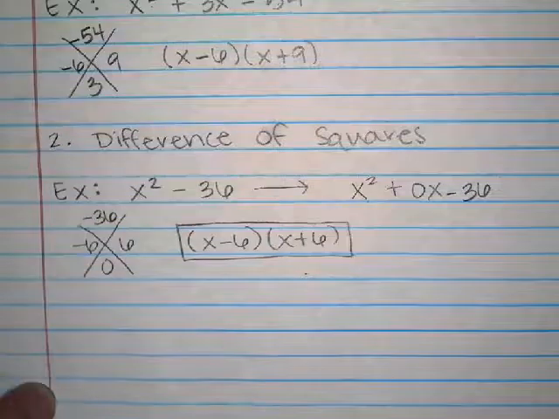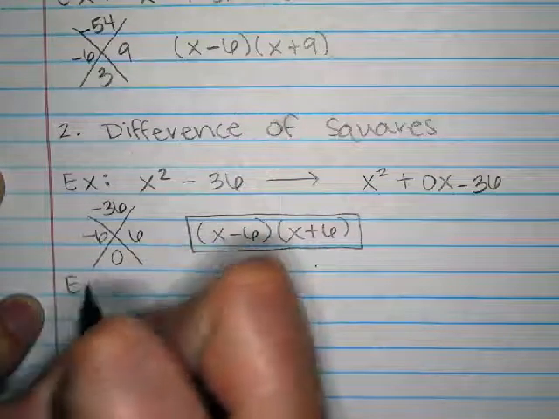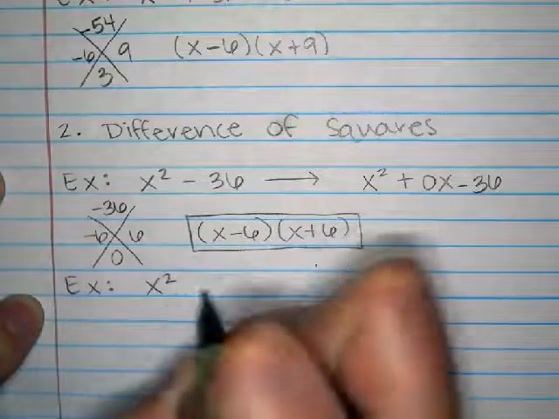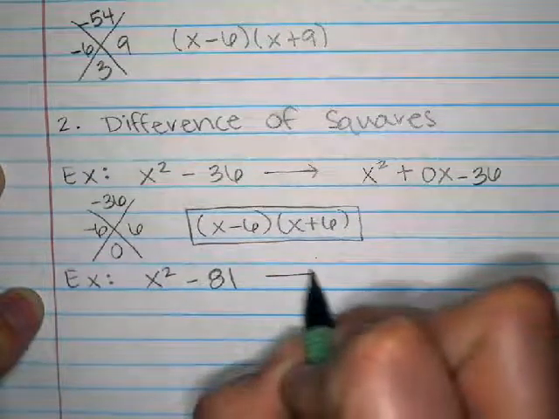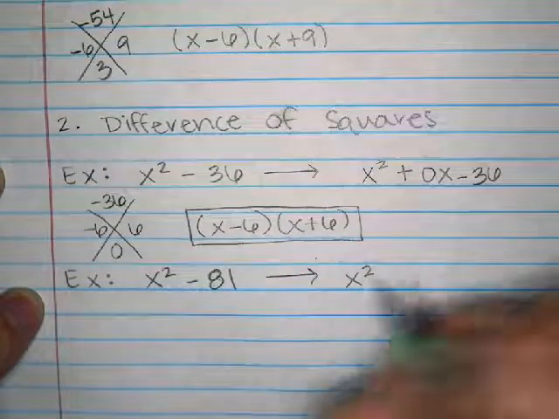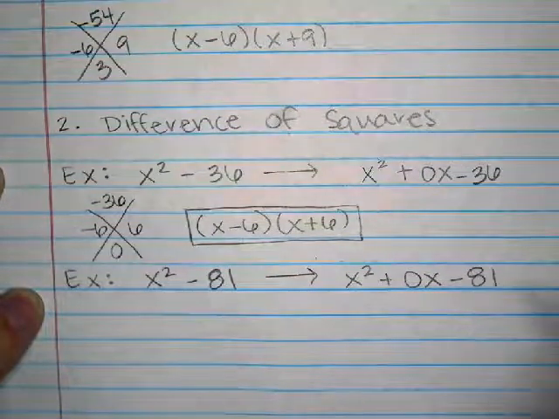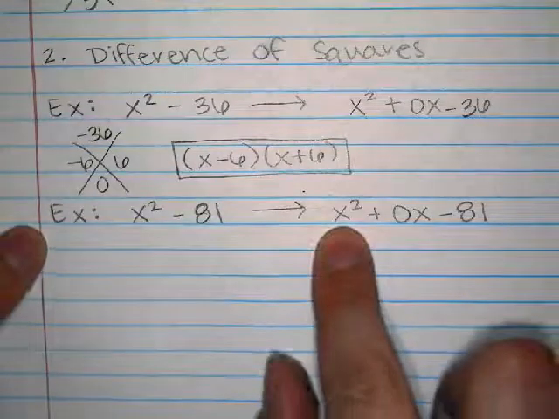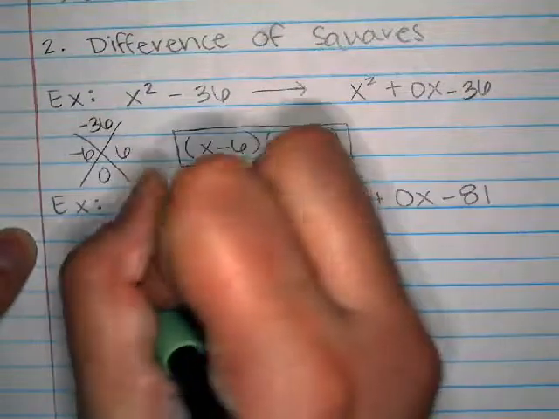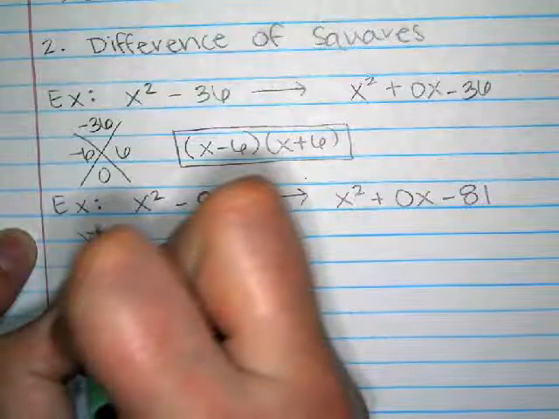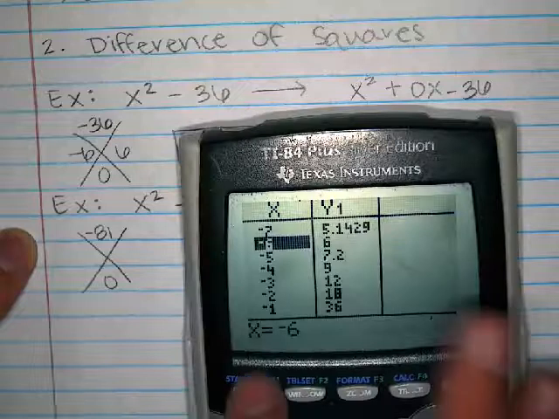Okay, let's try another one. X squared minus 81. So again, I'm going to rewrite it like a trinomial so that I can use my little rule, the x thing that I've been doing. So I rewrote it. I put the 0 term in there for the middle one. So now I'm looking for two numbers that multiply to negative 81 and add to 0.